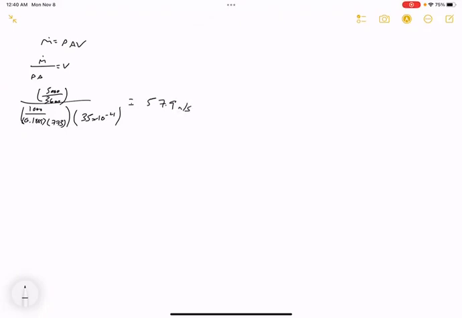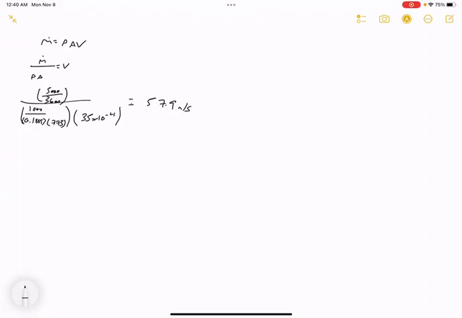Again, this is the velocity at the inlet. Whenever we calculate anything at a certain section, we have to make sure every piece of information we're using is at that section. If they say the inlet, we're using the inlet pressure, the inlet temperature, the inlet density, the inlet area. If you do all that, you should get 57.9 meters per second.